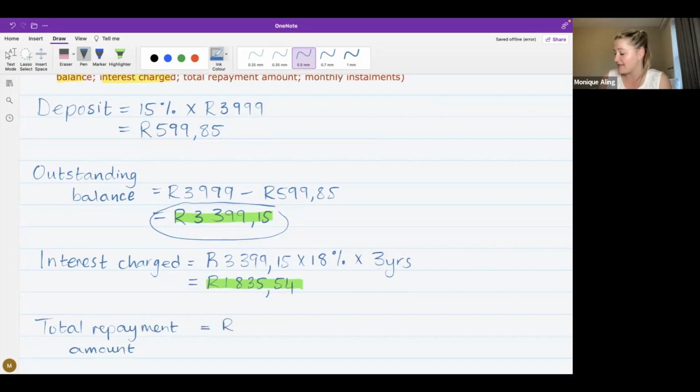Okay, it will be the outstanding balance plus our interest. And what do we get as our total repayment amount?